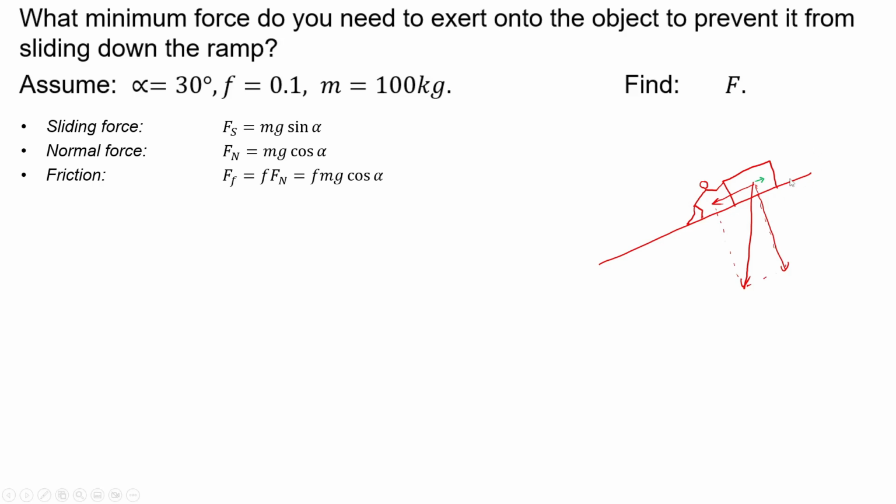Without balancing, the sliding force, at least as I drew these forces in the diagram, will not be entirely balanced by the friction, so the object will be slowly going down with, surprise, probably an acceleration of 4.13 meters per second square.